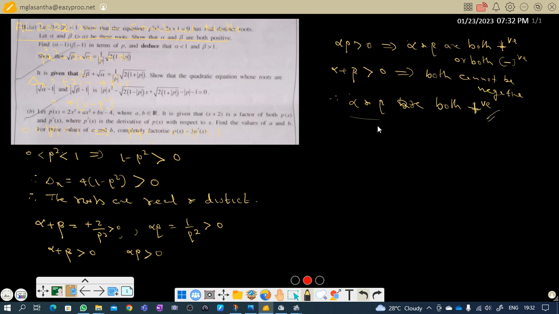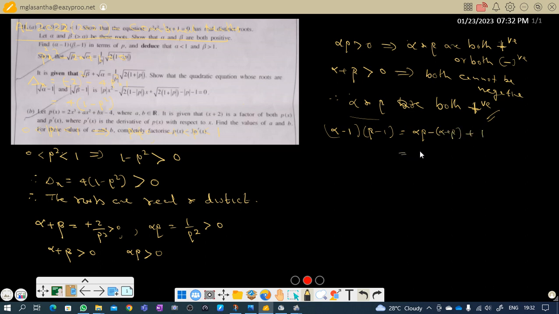Right? The next part you have to show: find alpha minus 1 times beta minus 1 in terms of p. This equals alpha beta minus alpha plus beta plus 1.